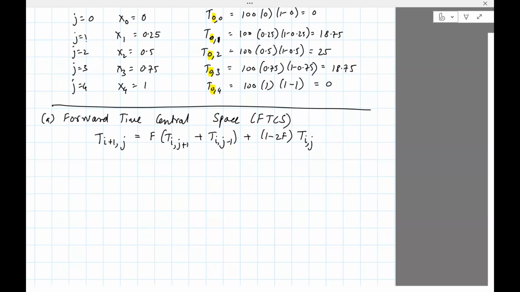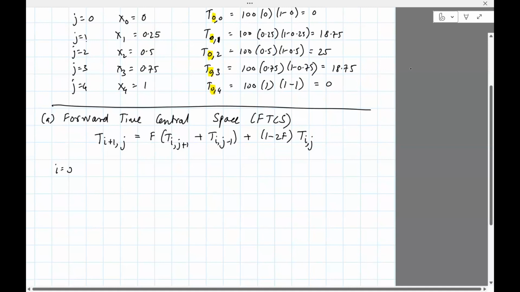Okay, so now what we know is the solution for i equals 0. It was written right here. We just need to compute the solution for i equals 1. So let's start with i equal to 0, so that i plus 1 would be 1.